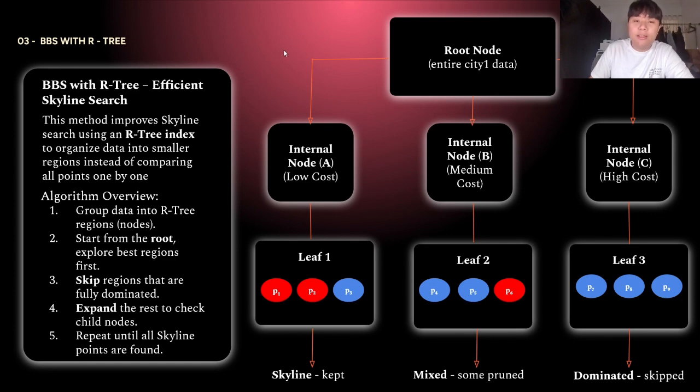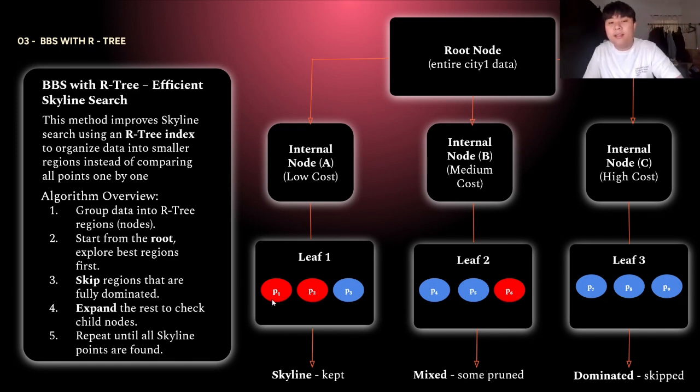As you can see, the red ones are in internal node A, which is the low cost, and there's also another red in the medium cost, but there is no skyline point in the high cost because it's not relevant to what we're looking for.